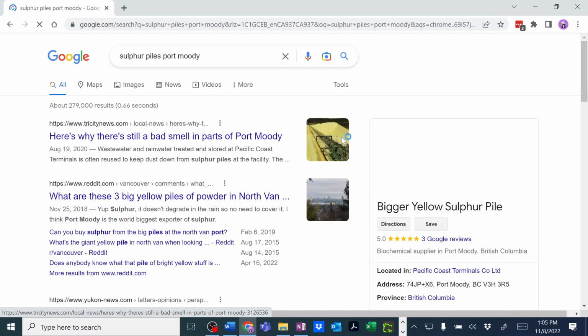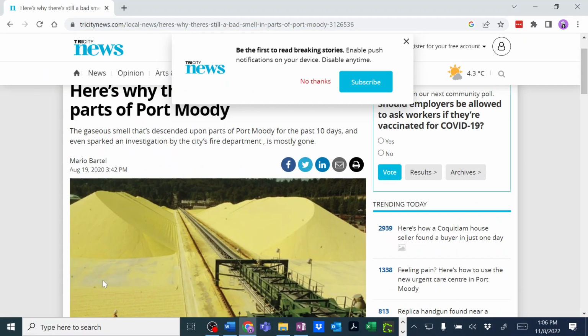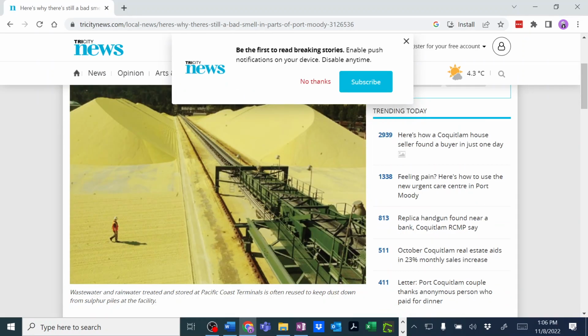Okay. So that's why it smells bad in parts of Port Moody, because we have these piles of sulfur, like big piles of sulfur. You can see there's a man walking there. All right. And it is obviously not a gas at room temperature or at normal temperatures. It is very obviously a solid.